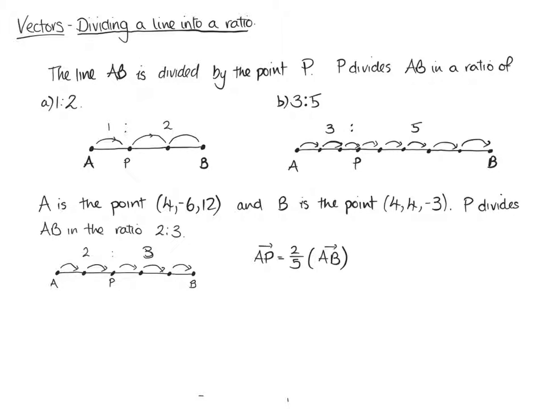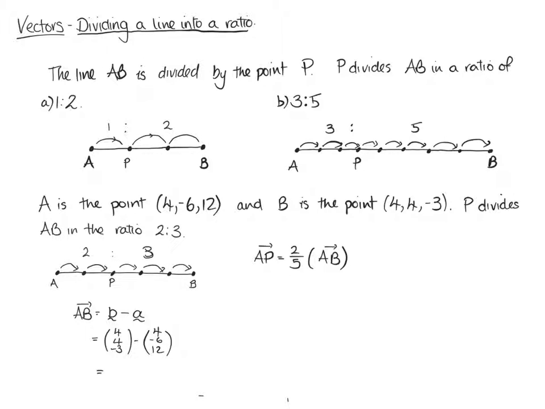Okay, so A to B we need to work out, so we'll work it down here. From our last one, we remember it's B take away A. Okay, so B is (4, 4, -3), and A is (4, -6, 12).